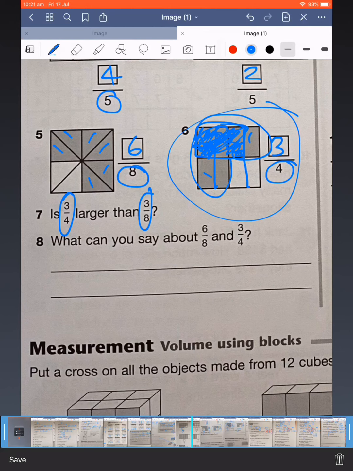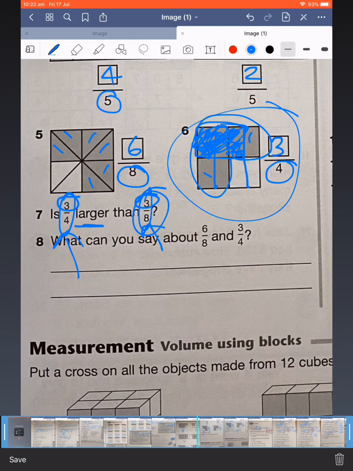The 3/4. Very good. But another way to know that is also, if the number on top is the same, and the number on the bottom has a higher value, it actually means that the whole fraction is the smaller one. Okay, so it's a bit of a trick, but whenever the denominator, the number on the bottom, is higher, it means that the section is smaller.